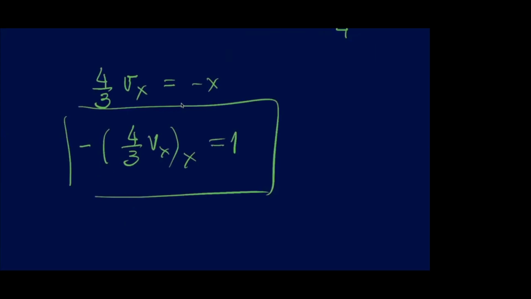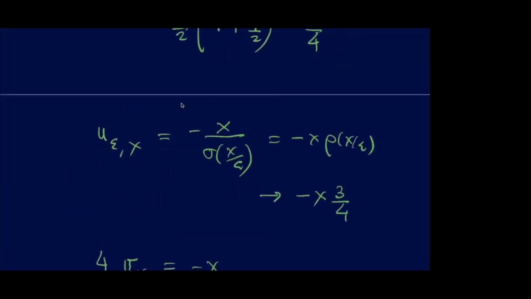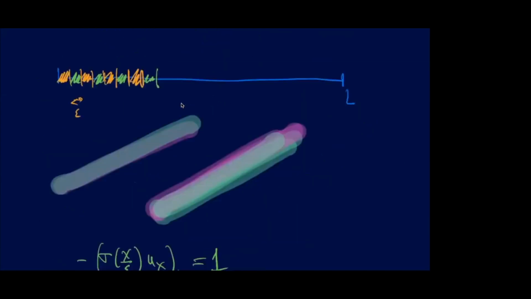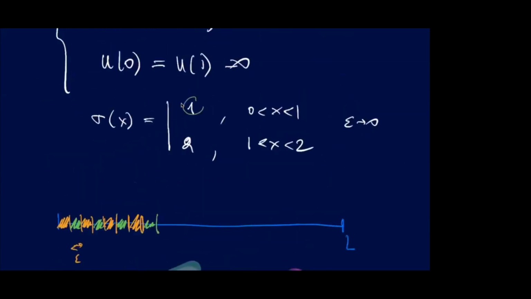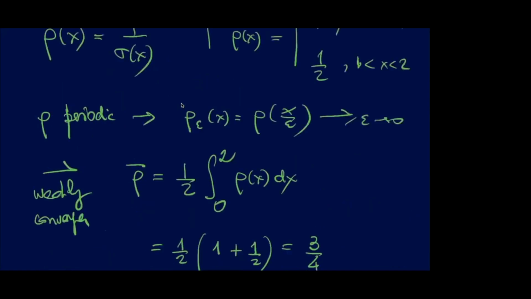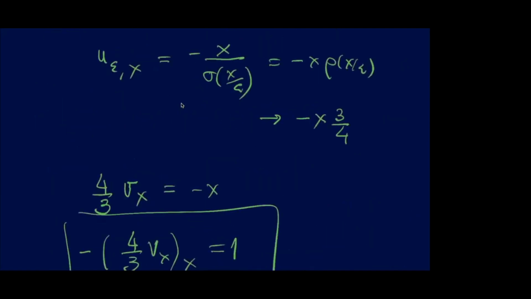What I have shown is that through homogenization theory, combining two materials with properties 1 and 2 in an equal manner on a periodic, rapidly oscillating pattern, what I get is a new material with coefficient 4/3.